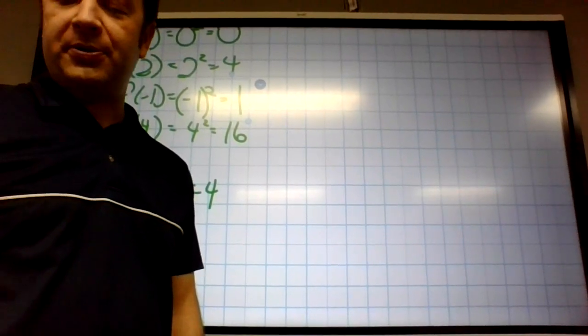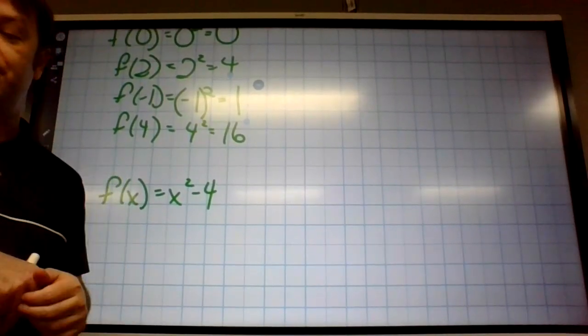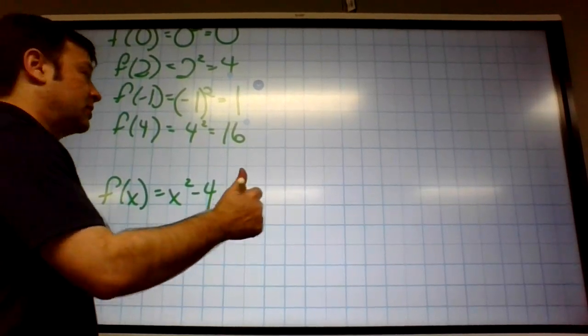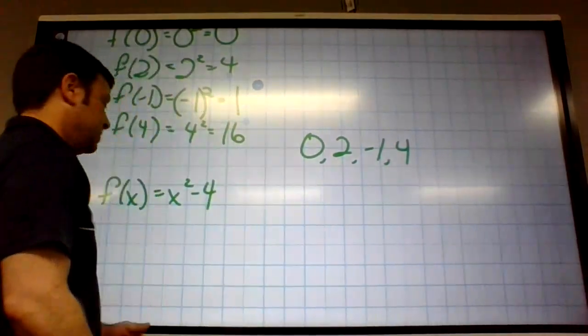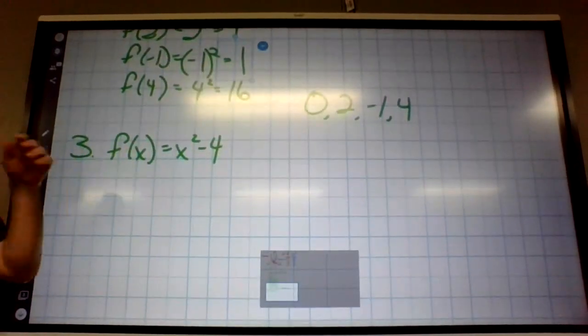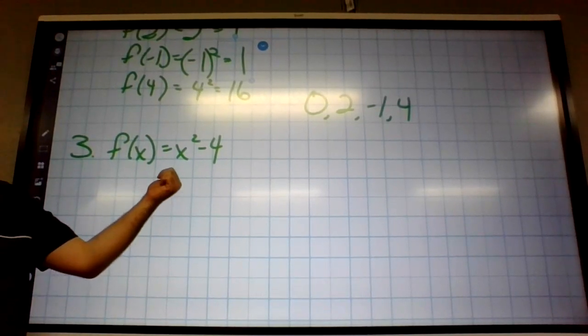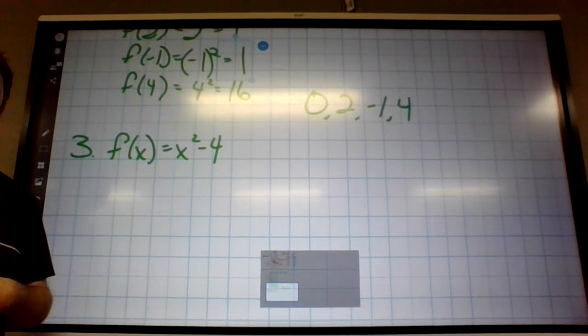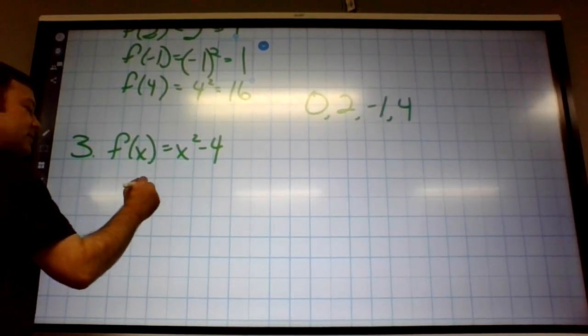So on number 3, the numbers we're plugging in every time are in the directions. It's 0, 2, -1, 4. So this time it's x squared minus 4. So Mallory, if I plugged in 0, what would I get here? -4.